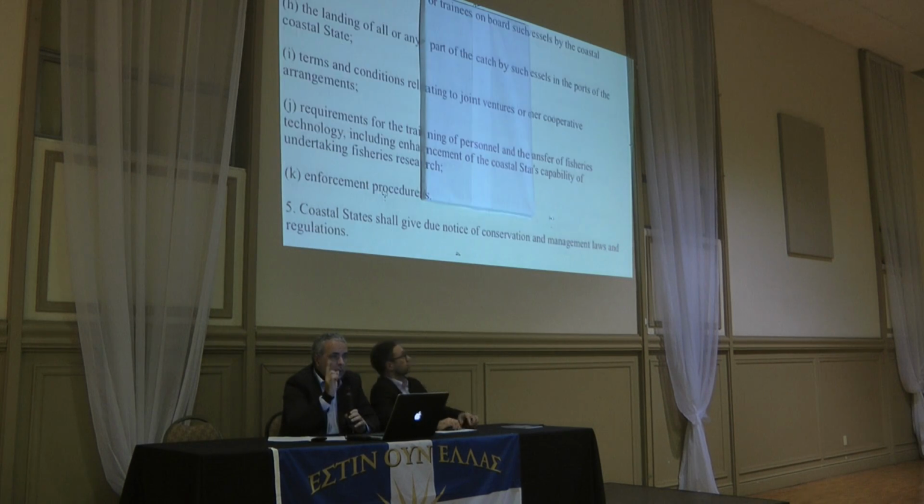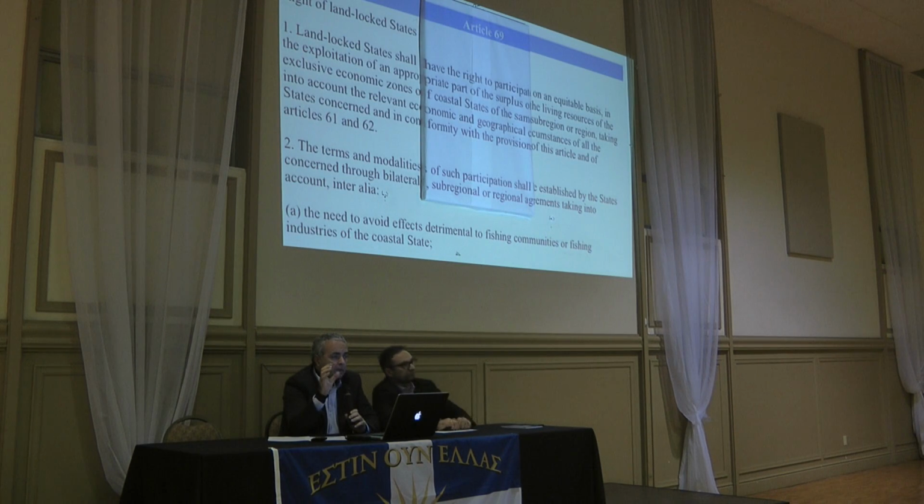It's not in the pre-agreement, it's the 5th chapter of the Law of the Sea, and you can see the right of landlocked states. So in this case, they can have access to the living resources, for example, fish.